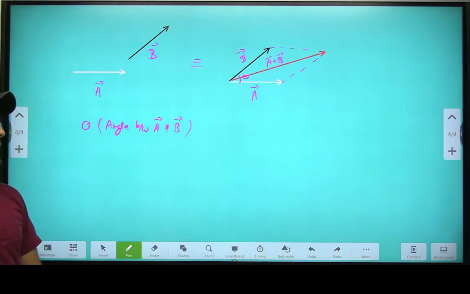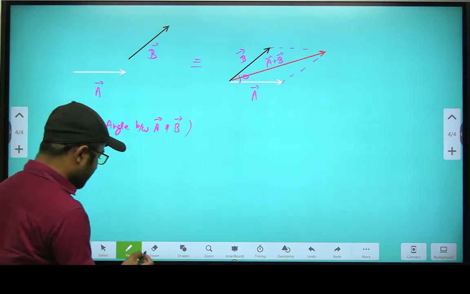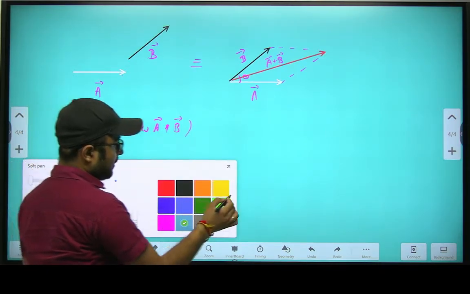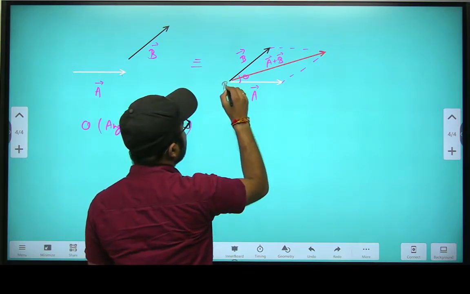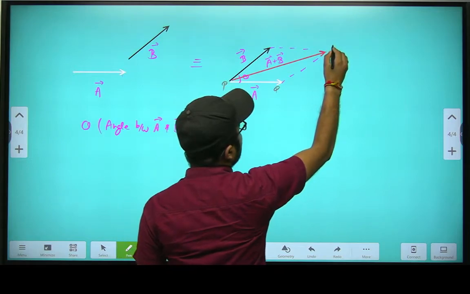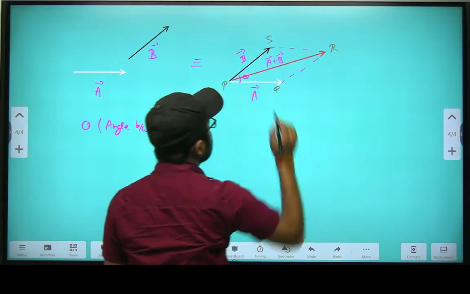Now since this is a parallelogram, we will name it PQRS.